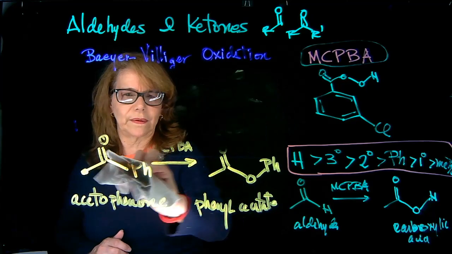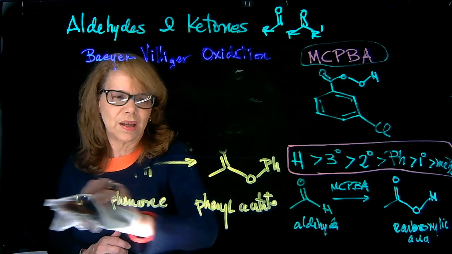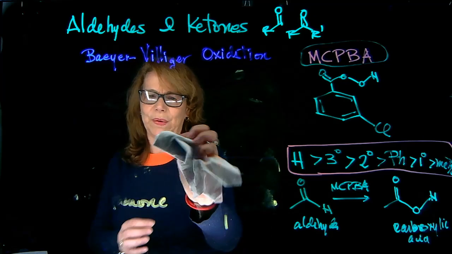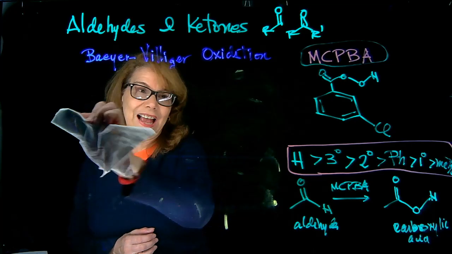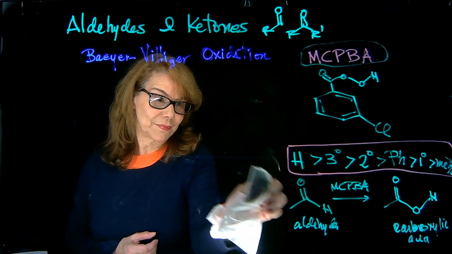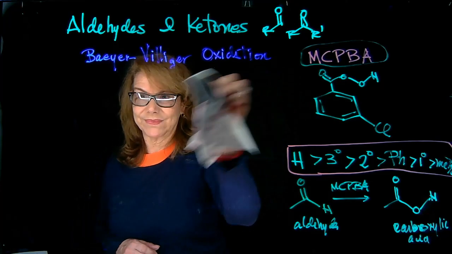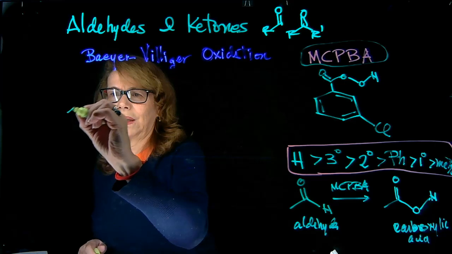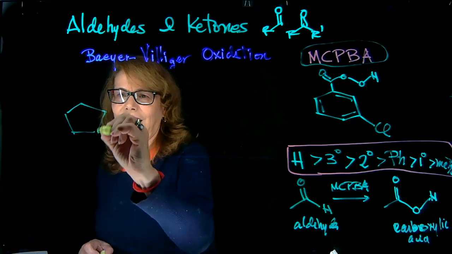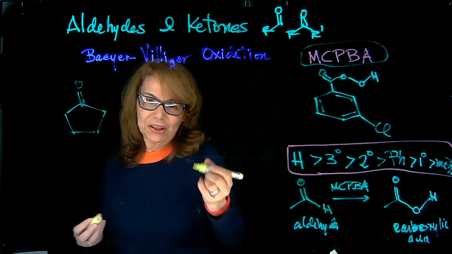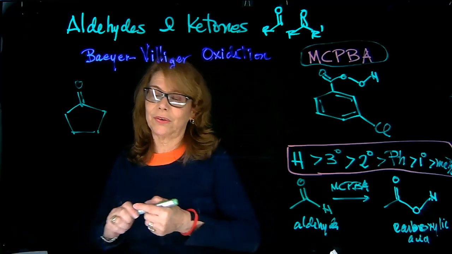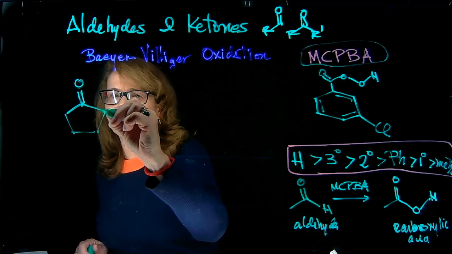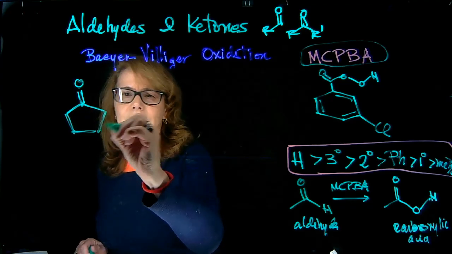Let's do one more. Well, we did that example at the beginning, I believe, but I didn't say the name of the compound. When you have a cyclic ketone, as we had at the beginning, I had cyclopentanone in the first example. And here the molecule is symmetrical, so it doesn't matter where I put the oxygen, we're going to make the same ester.